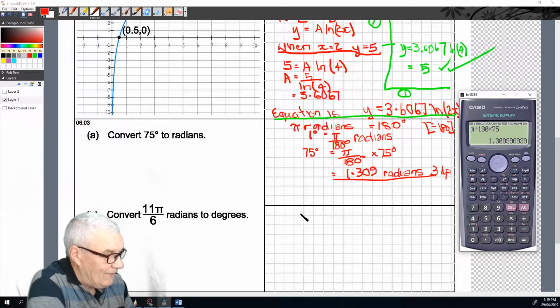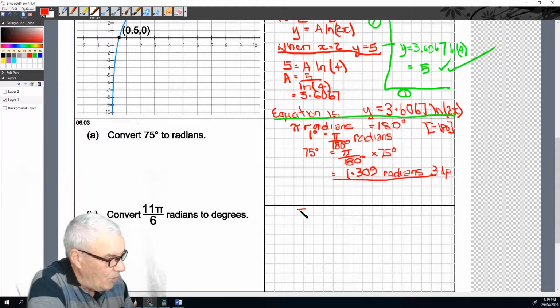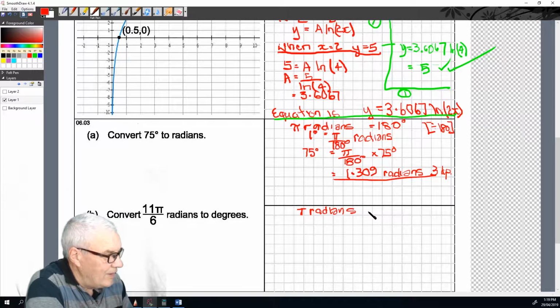Now, part A, let's see if I can get this. So we just start from the same place. Pi radians equals 180 degrees.